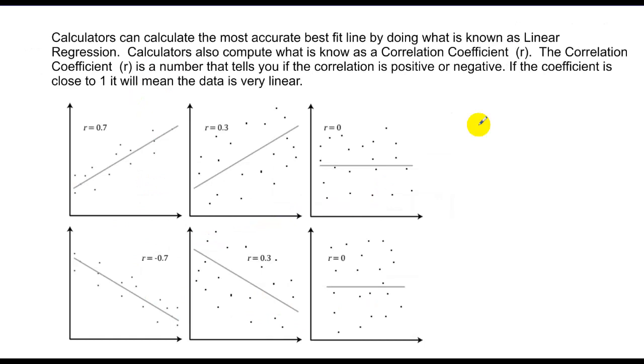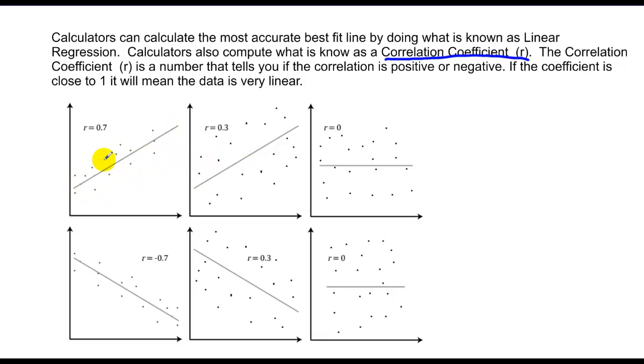Calculators can also calculate how these groupings of points resemble a line or don't resemble a line. It's known as the correlation coefficient, also given by the variable r. The closer this r value is to 1, the closer your grouping of data looks like a line.